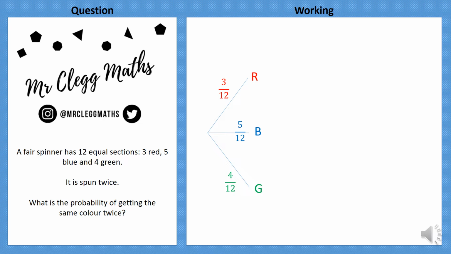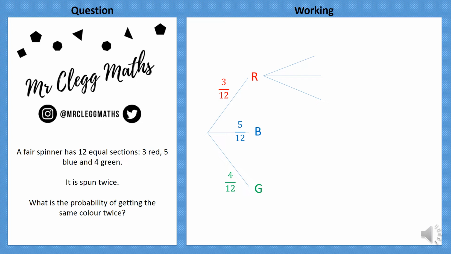But after that first spin, regardless of what happens and what colour I land on, I have a second spin, and regardless of which colour I got to start with, I can still get a red, blue or a green, and the probabilities remain the same. So I need another 3 branches off of my probability tree to represent the second spin after I've got a red.